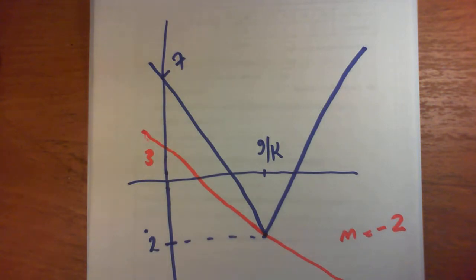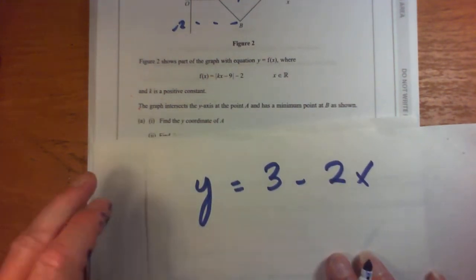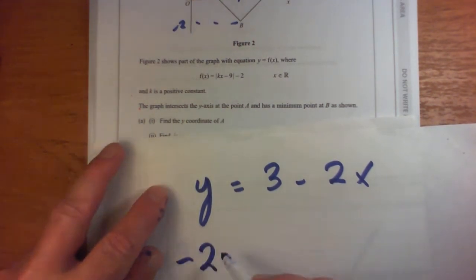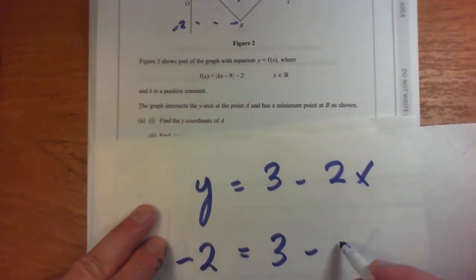So to work out what k is, I've got the equation of the line, which I have to remind myself again. It's y equals 3 minus 2x. Well, I know straight away y is minus 2. Can you remember? 2 minus 2 is the 3 minus 2.